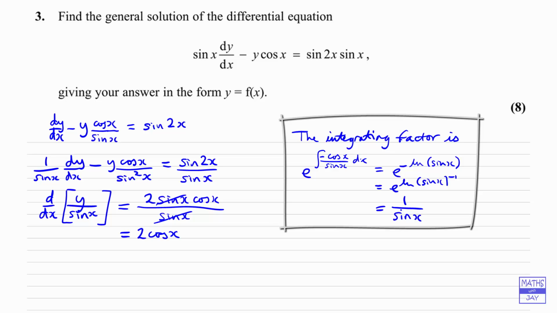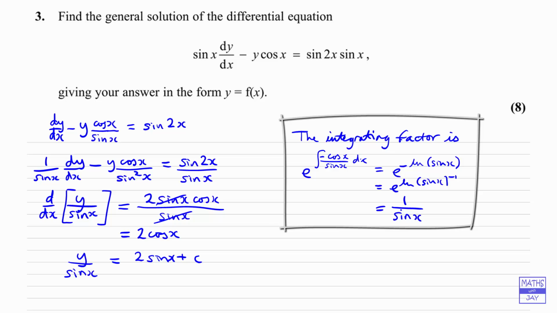So the left-hand side is very simple, because we'll have y over sine x. And then integrating 2 cos x will give us 2 sine x plus c, of course. Oh, I've left the x out. 2 sine x plus c. And we have been asked to give the answer in the form y is a function of x.